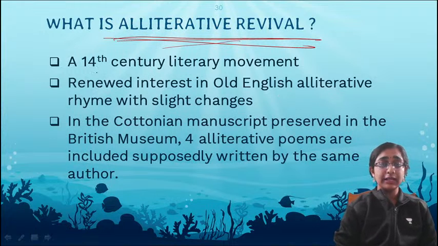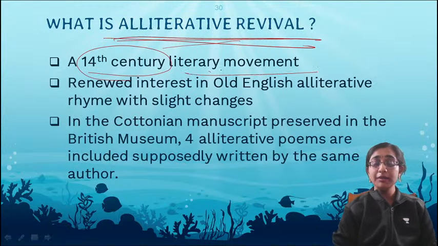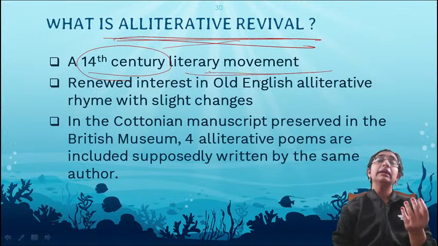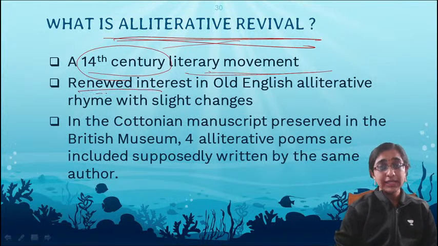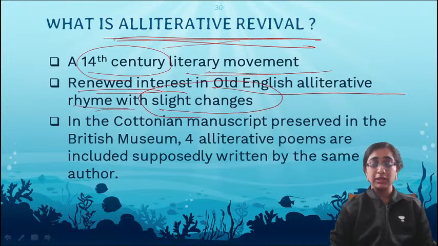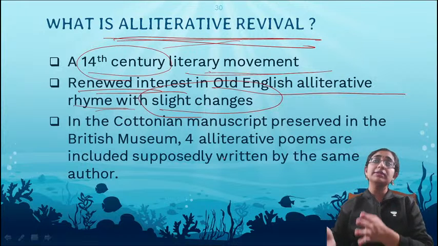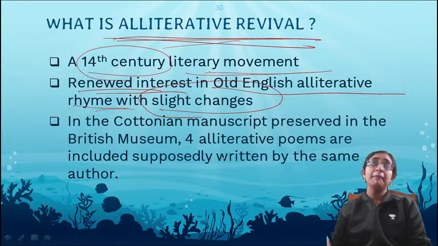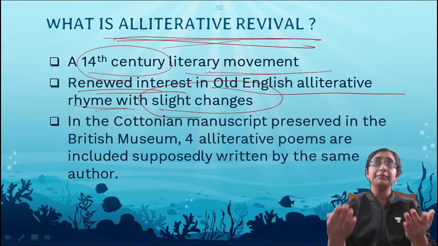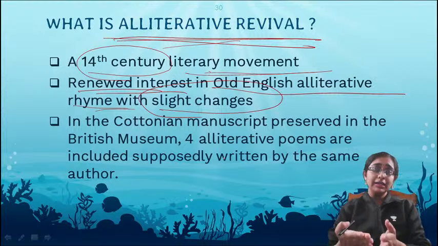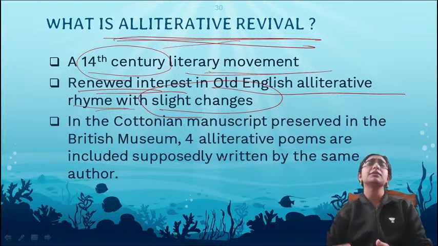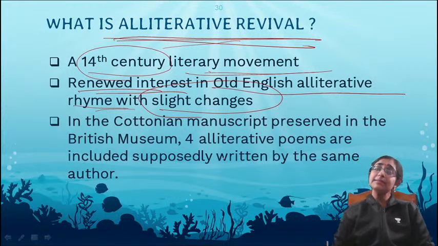Alliterative revival is a 14th century literary movement. What was the movement all about? The movement shows renewed interest in Old English alliterative rhyme with slight changes. The alliterative verse form was common during the Old English age. But when new forms of verse developed in the Middle English period, the importance of alliterative verse decreased.